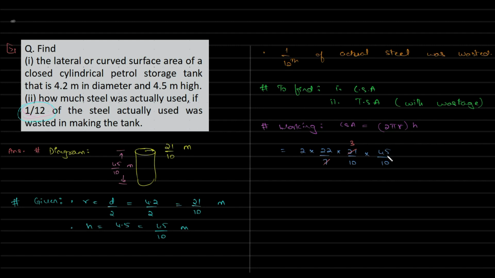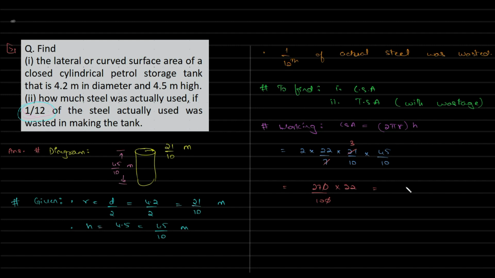So this is 2 into 45 is 90, and 3 is 270 into 22 by 100, so the 10 and 10 get cancelled, and this is a normal calculation.